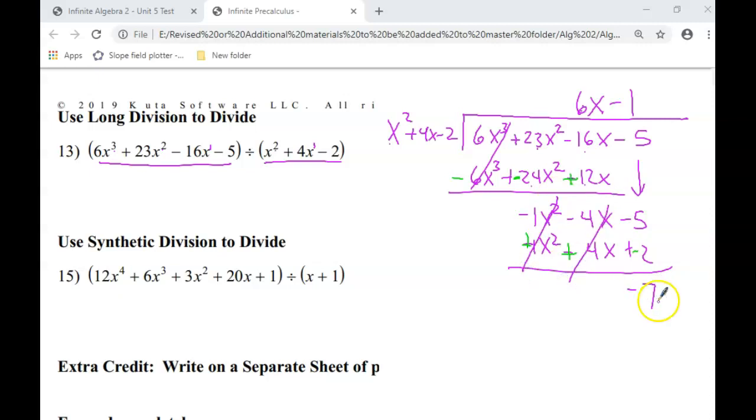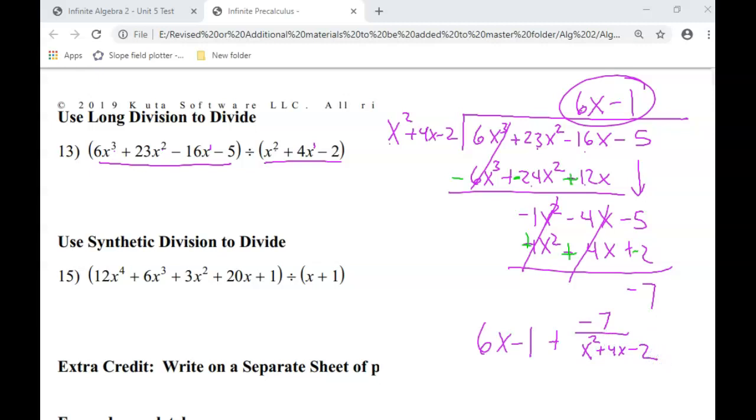And as soon as you get to a term whose power is less than this term, then you're done. So this is our primary answer. But we have a remainder of negative 7 over the divisor of x squared plus 4x minus 2.